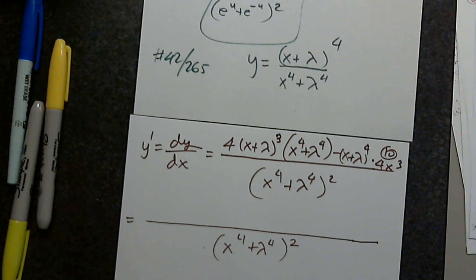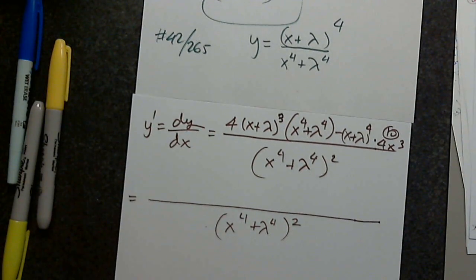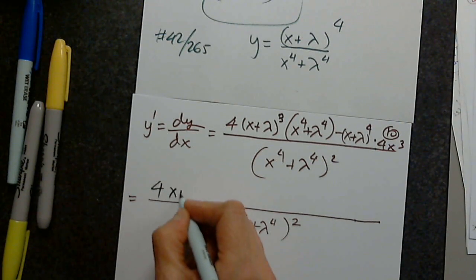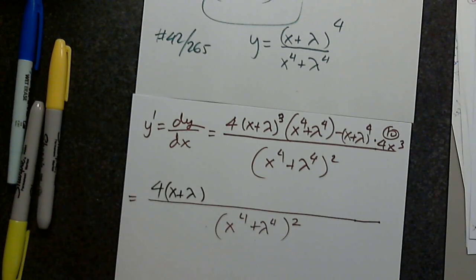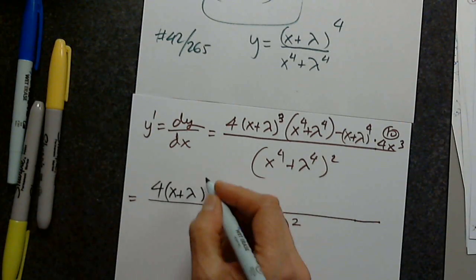A quantity minus another quantity is 2 terms. Very good. Do they have anything in common? 4. Yes. What else? X plus lambda to the, of course.